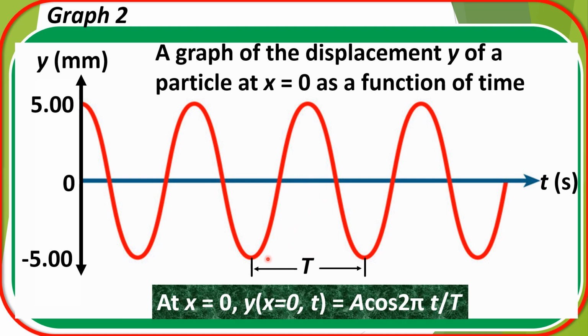Notice that we indicate here the time it takes for one complete cycle or vibration. For instance, from this point to that point is equivalent to the period labeled as capital T.